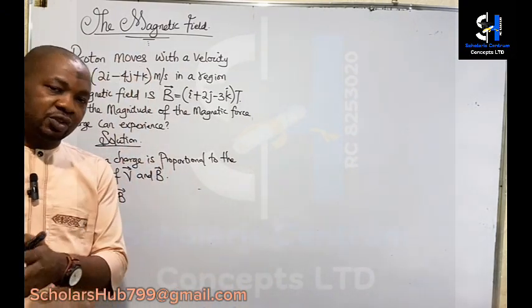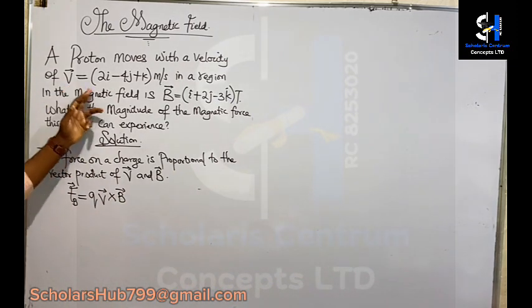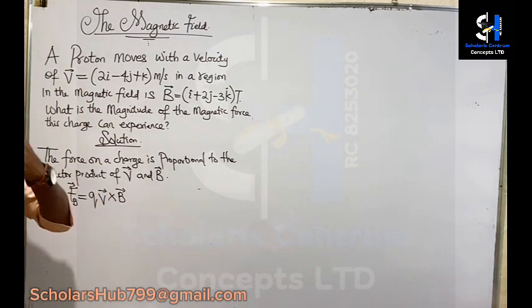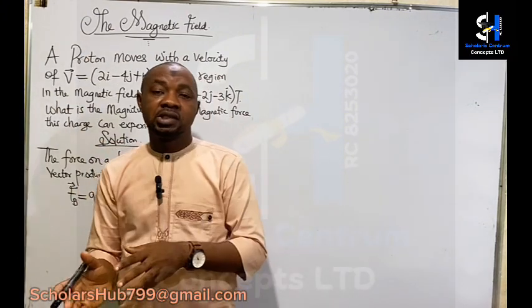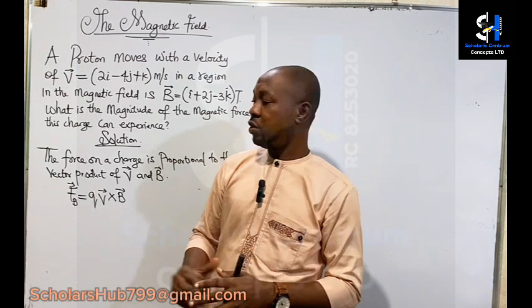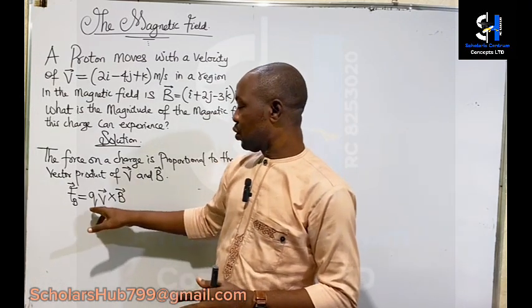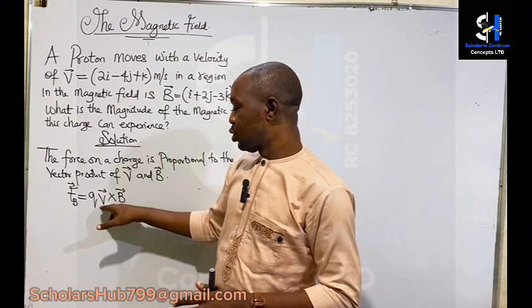So that's one version. But when it comes to the speed vector and magnetic field vector, we're going to use a different rule, because we have the cross product of V and B, and these two are vectors.